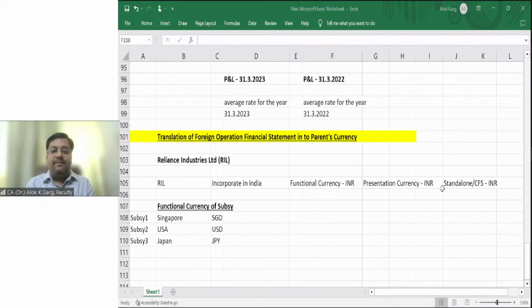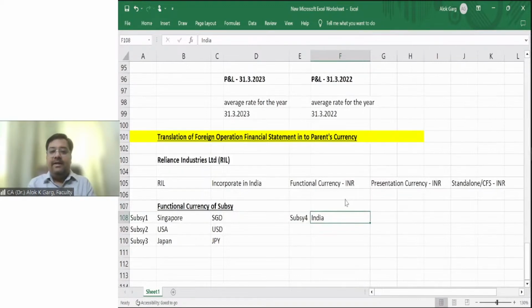And there is one Indian subsidiary as well, let's say subsidiary 4. This is in India.